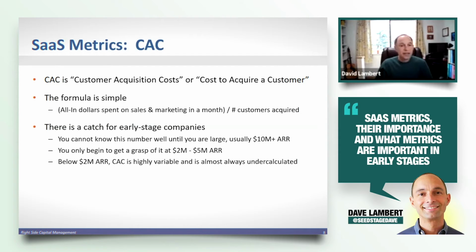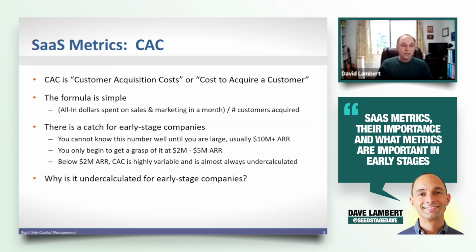And when you're lower than that, your CAC is highly variable and you almost always undercalculate it. So why is it variable? Well, because at that stage, your sales is pretty lumpy, right? You might close no new customers in a given month, or it might be 2 one month and 5 the next. As your company grows, you might close 22 customers one month and 18 the next, and your CAC isn't going to be as variable.